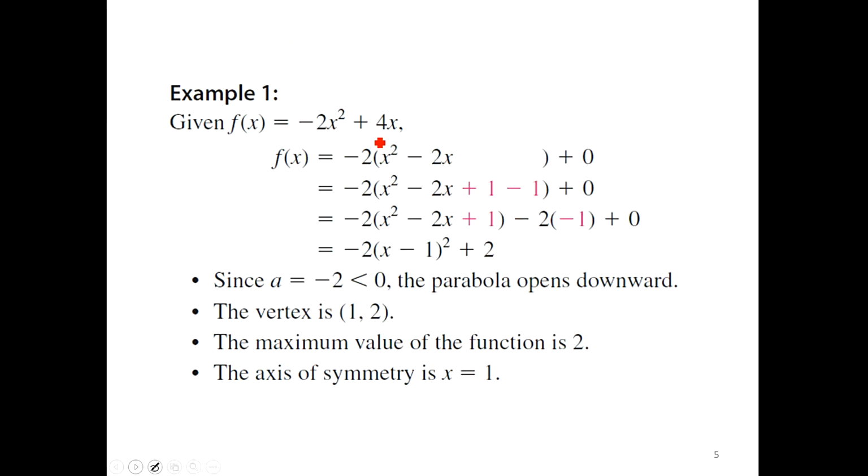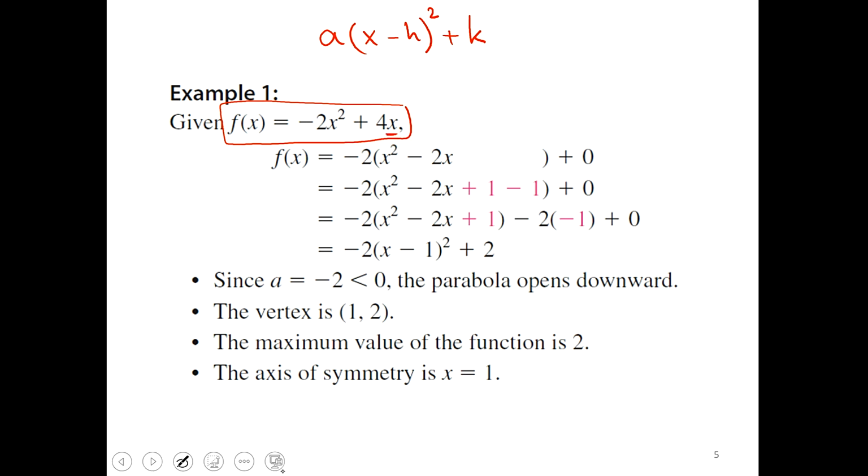Example, look at this function. This is not in vertex form. Why? Vertex form is in this form, a(x minus h) squared plus k. So in the vertex form we cannot find x squared together with x.